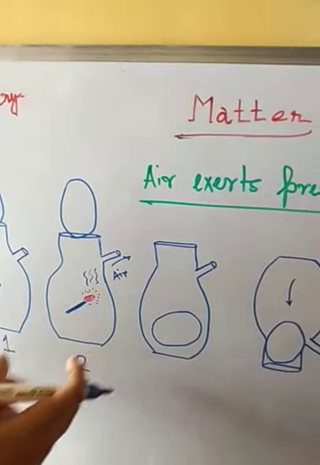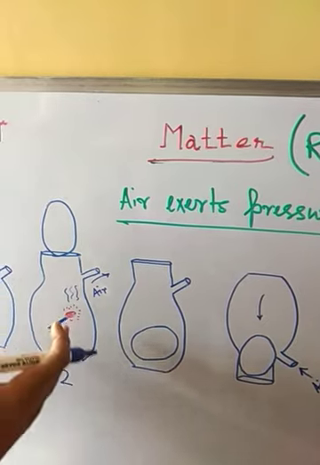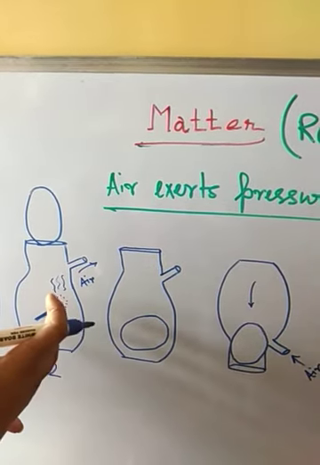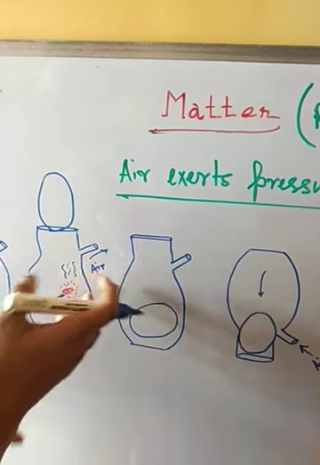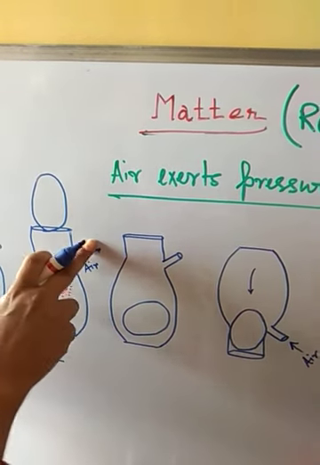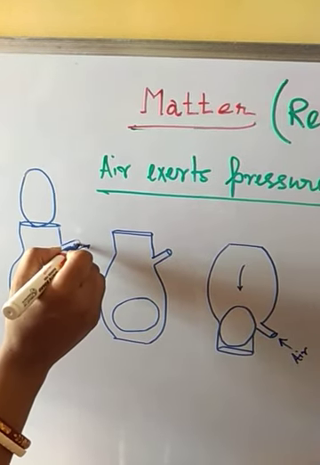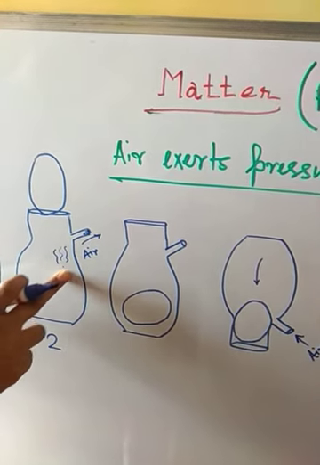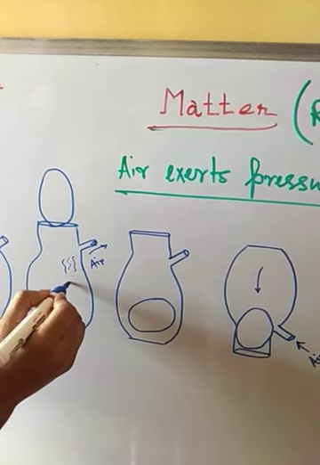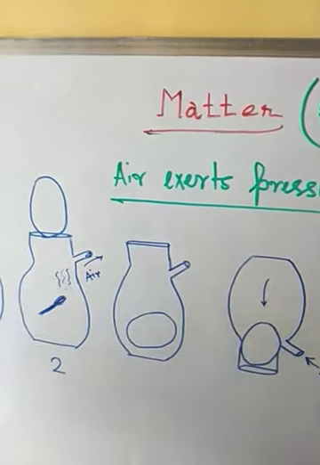And now after some time, when the air inside the bottle heats up, some of the air will come out from this side opening of the bottle, and then we put our finger here. We just extinguish the matchstick. Okay, now the matchstick will extinguish, and only smoke will come out from this matchstick.